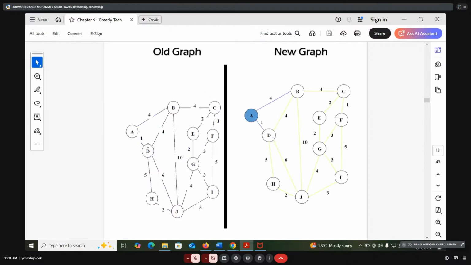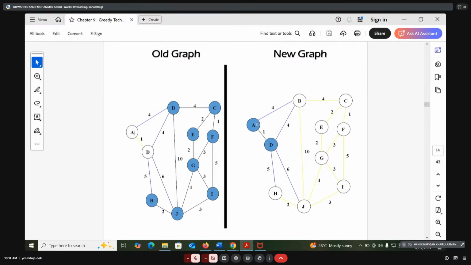If I start with A, I have AB and AD. We find that AD is minimum, so I will select AD. Now, from A and D, what are the lines connected? So here 4, here 4, here 5, here 6.